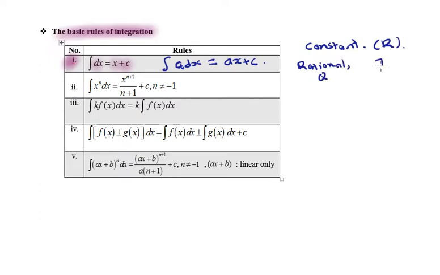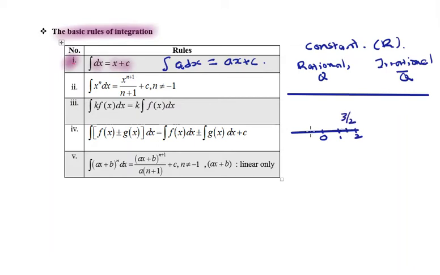you can refer to real numbers, where real numbers consist of rational numbers, Q, and irrational numbers. So for rational numbers, on the number line, these are all rational numbers: 0, 1, 2, or let's say the fraction 3 over 2.